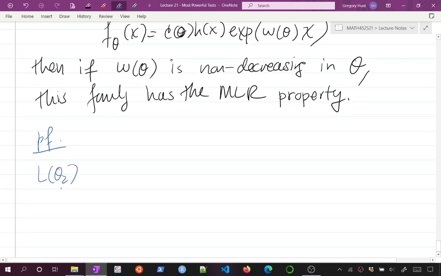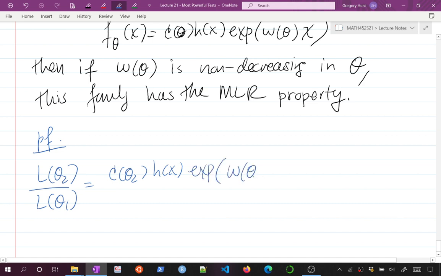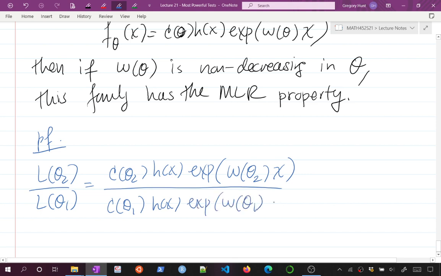We want to look at L of theta 2 over L of theta 1, which is C of theta 2 h of x exp to the w of theta 2 times x divided by C of theta 1 h of x exp to the w of theta 1 times x, something like this, all right?